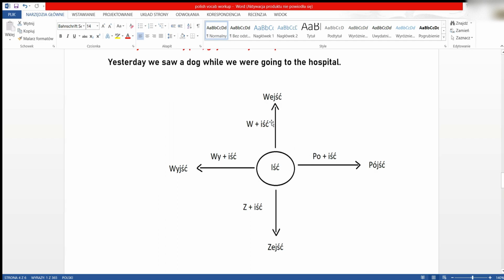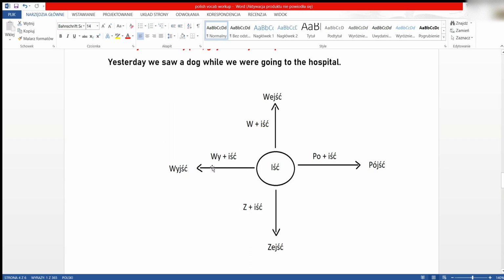And if you add w with iść, it's going to be wejść, which means enter. So for me, w as a prefix with a verb means something like enter, and it also happens with other verbs as well. That's what I've noticed. And wy plus iść means wyjść.